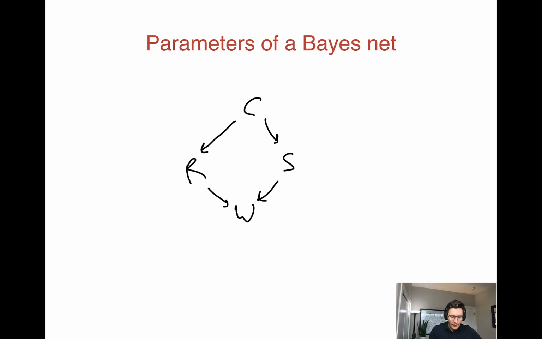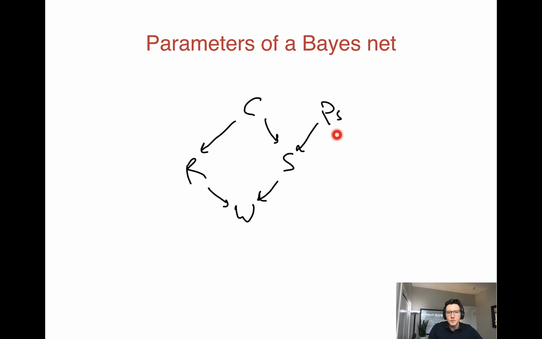So let's say, as an example, I know that S somehow depends on C. Whether or not we turn on the sprinkler somehow depends on whether or not it's cloudy, but I don't know what that probability is. Let's call that probability PS. I could just say S depends on two things. It depends on whether or not it's cloudy, and it depends on PS.